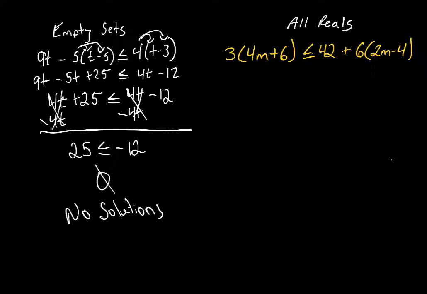Let's distribute the 3 first. 3 times 4m is 12m. 3 times 6 is 18. Then I'm going to bring down my 42. I've got to distribute the 6.